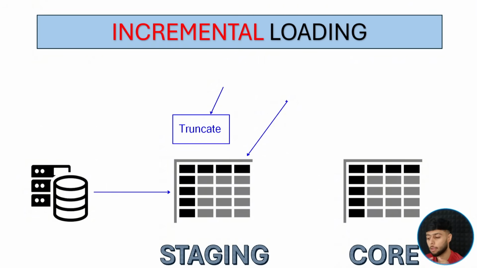Okay, but you need to have the complete knowledge. This is not the scenario in all the cases. This can be the scenario in, let's say, 90% of the cases, but for 10% of the cases where we have to keep the history of the records, we need to just ignore truncating this layer.